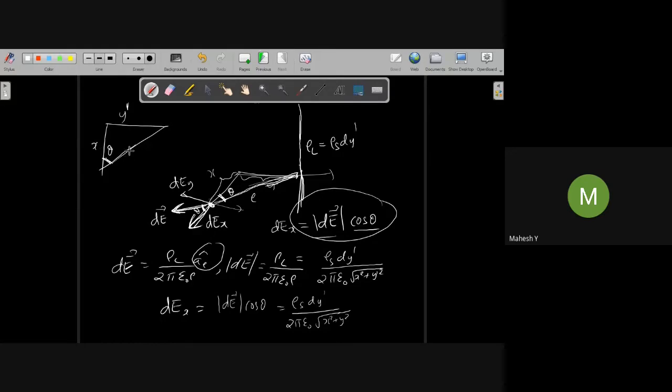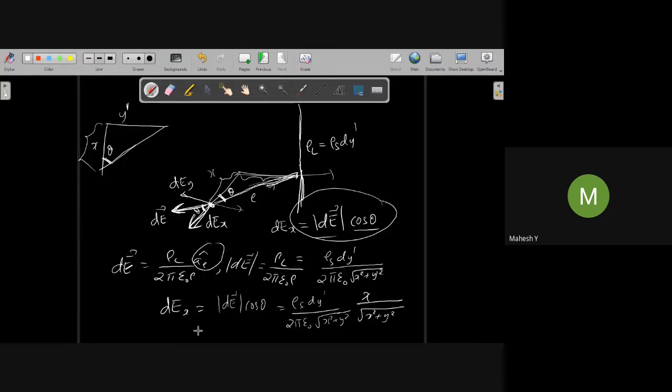Adjacent divided by hypotenuse. What is the adjacent here? x divided by, is that x by y prime? That is cot theta actually. I want cos theta. Yeah, x by rho, not x by y prime. So what is rho here again? Root of x square plus y prime square.